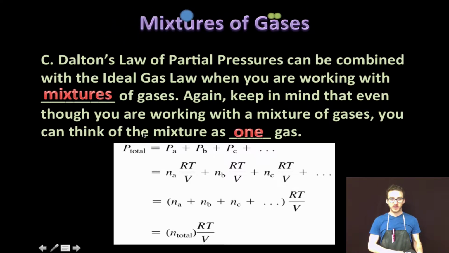So remember that Dalton's law of partial pressures indicates that the total pressure of a sample of a mixture of gases is equal to the sum of the individual partial pressures. And while you could determine the number of moles of each of the individual gases and plug it separately into the ideal gas law equation, if you treat the mixture as if it were just one gas, all you need to do is know the total number of moles and plug it into the PV=nRT equation one time.